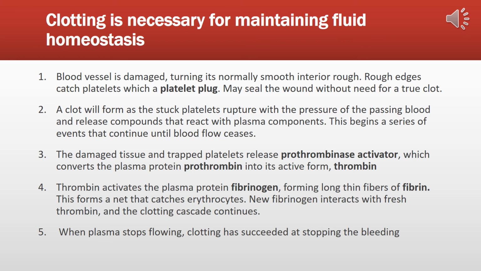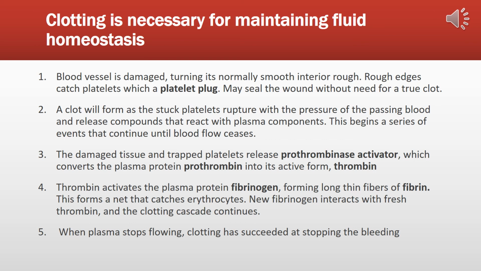The damaged tissue and trapped platelets release a chemical called prothrombinase activator, which converts the protein prothrombin in plasma into its active form, thrombin. Now, this thrombin activates the other plasma protein called fibrinogen, which converts to its active form, fibrin, which are actually long, thin fibers.